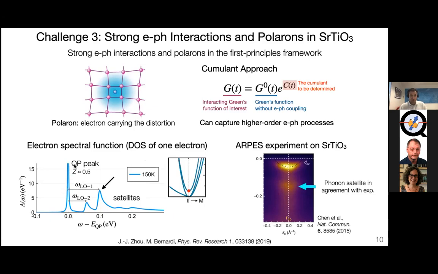This is the so-called quasi-particle peak. However, due to the presence of the strong coupling with the LO phonons, now in strontium titanate, we find these two satellites in the spectral function, which are a hallmark of polaron effects.